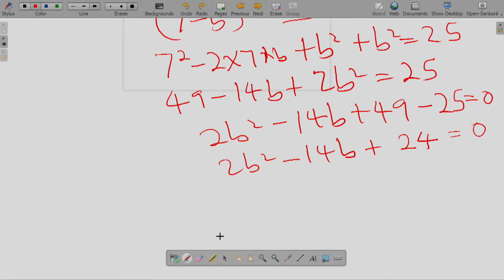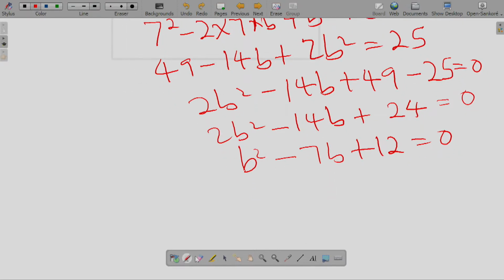We have to solve this quadratic equation. First we divide by 2, so we get b squared minus 7b plus 12 is equal to 0. By the method of factorization, first we have to split the middle term. So here you'll get b squared minus 4b minus 3b plus 12 is equal to 0.